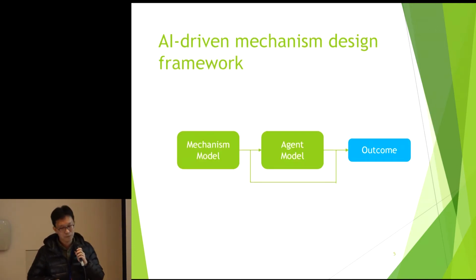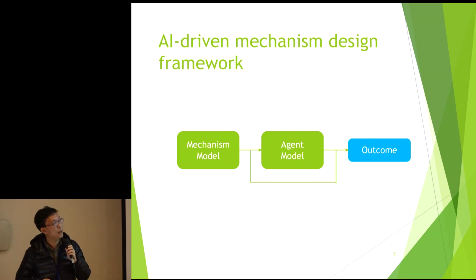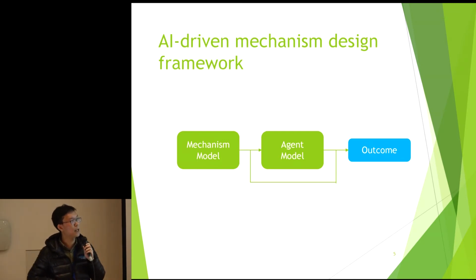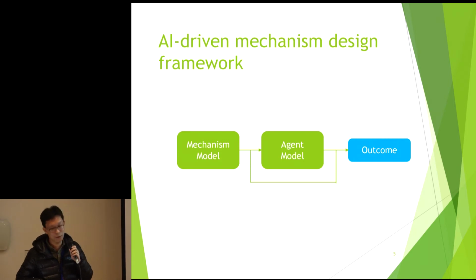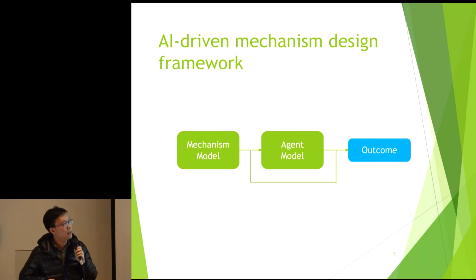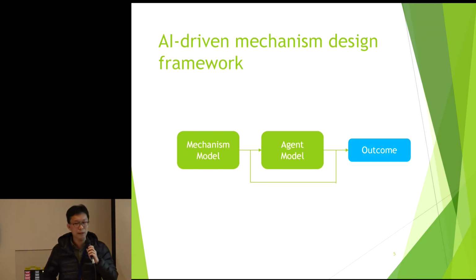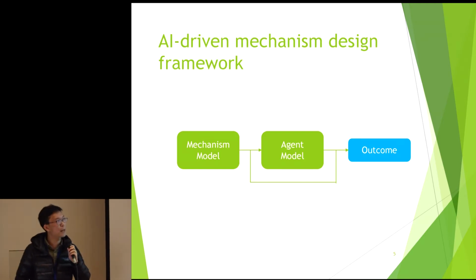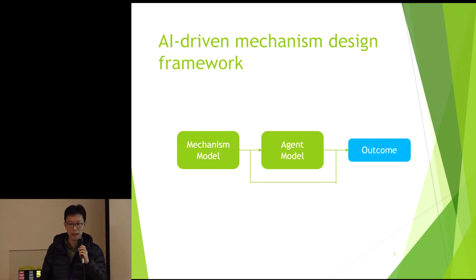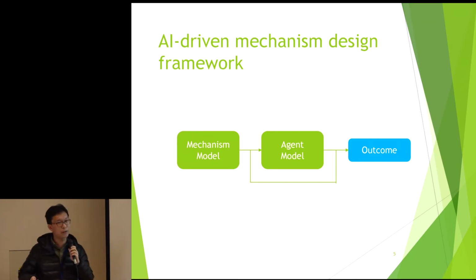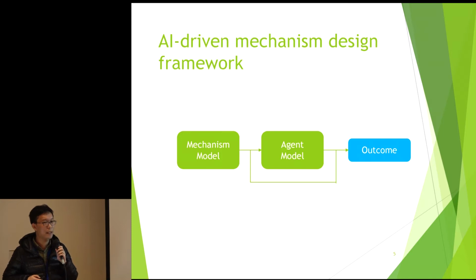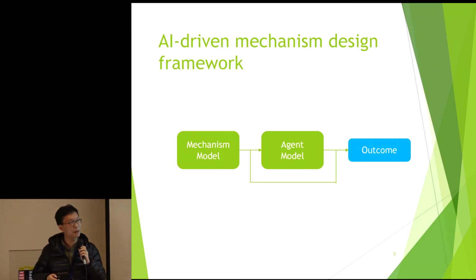The AI-driven mechanism design framework contains two different models, quite simple. The first model is the agent model, which describes how the agent behaves. It can be a theoretical model, like a rational agent. It can also be a machine learning model learned from real data.